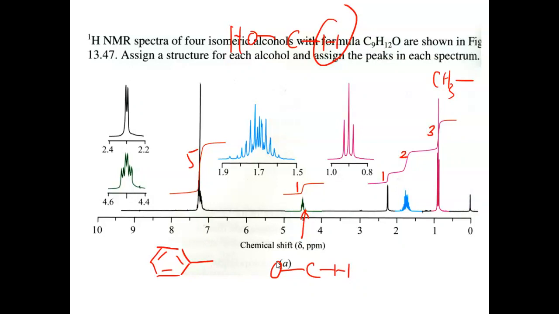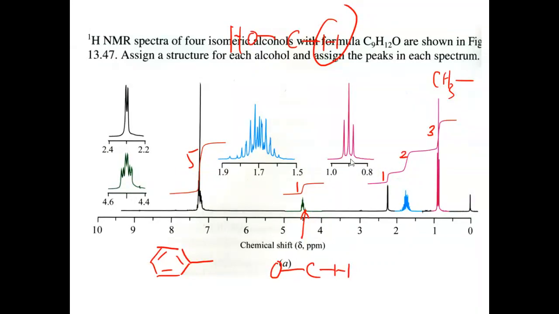Now the other thing is we know the methyl peak is a triplet. What does the triplet mean? It means the methyl group must connect to a CH2. That's the well-defined spin splitting information.